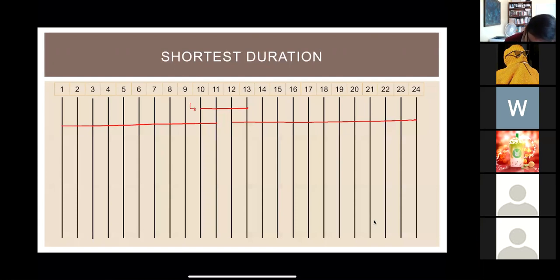So here, the optimum solution has two events and greedy just gives one event. And so we have a counterexample that shows that this particular strategy is suboptimal.